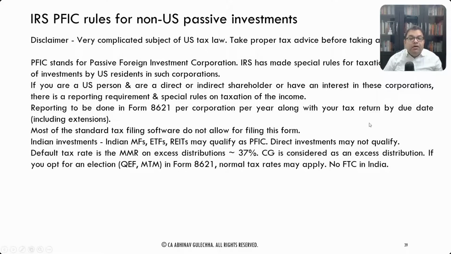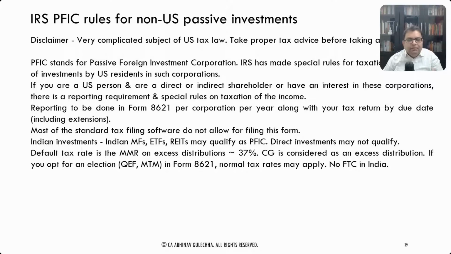Okay. Now, what basically happens if the investment qualifies as a PFIC? In US tax law there is a separate taxation of capital gains and dividends, and a separate structure.